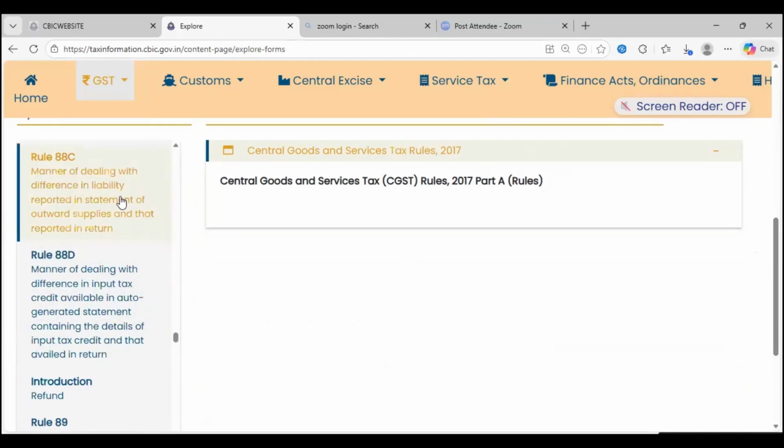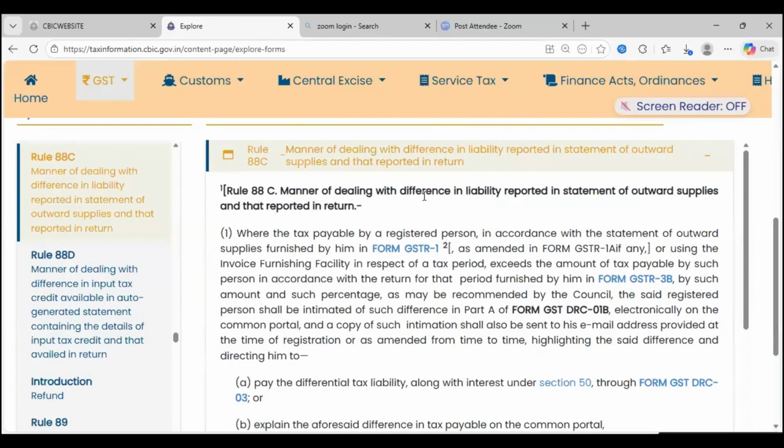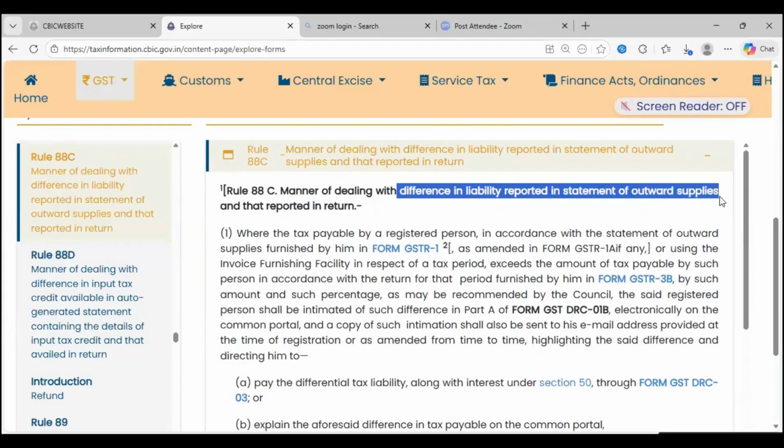Rule 88C: manner of dealing with difference in liability reported in statement of outward supply and that reported in return. You remember that 75 subsection 12. 1 crore I have shown in GSTR 1, 1 lakh I have shown in 3B. That is what they are talking about. Difference in liability reported in statement of outward supply versus the return. So when I have that mismatch, there is a notice under 88C which comes automatically.